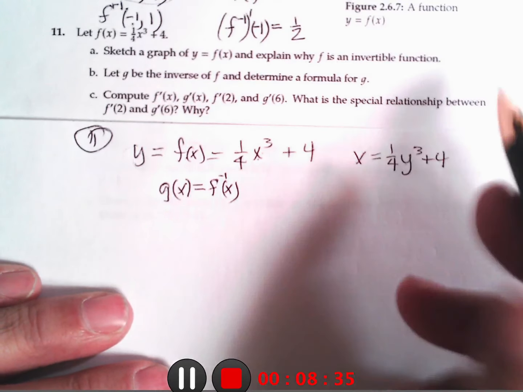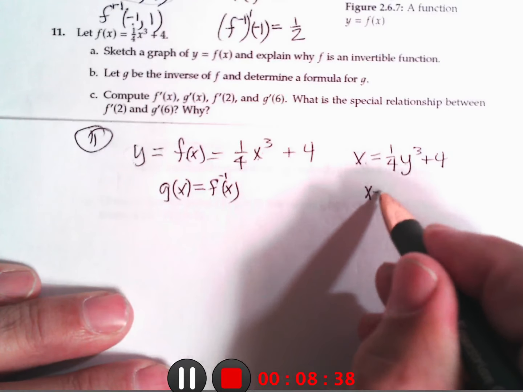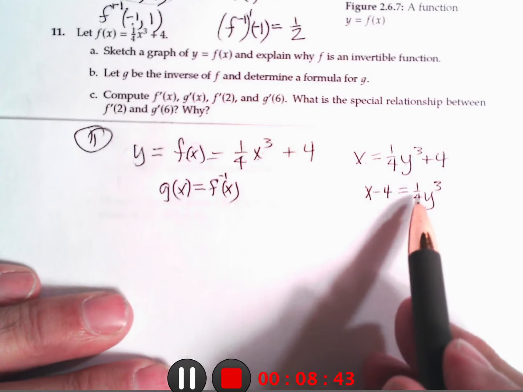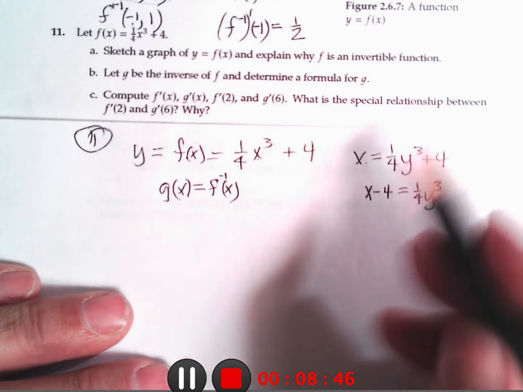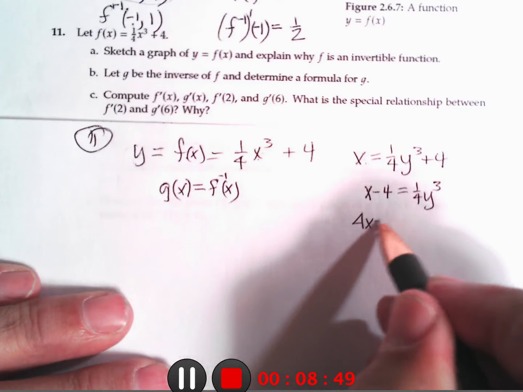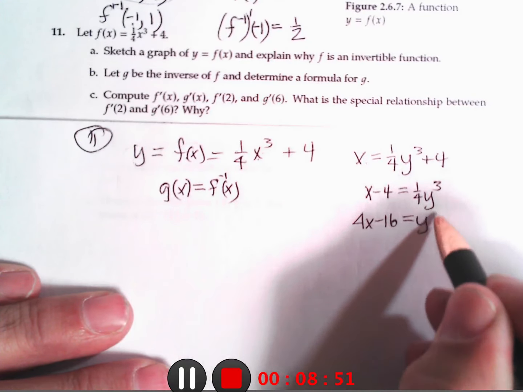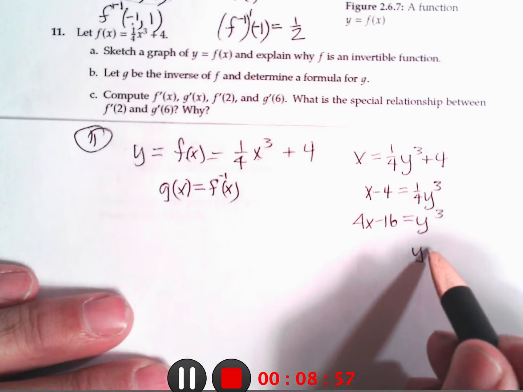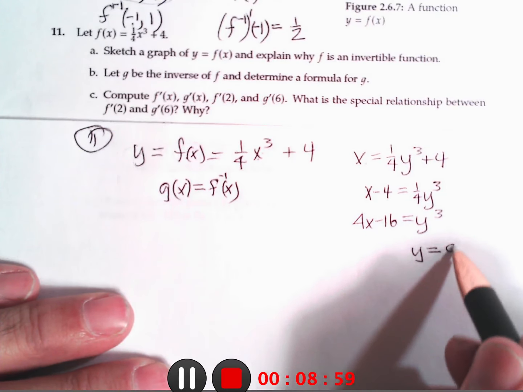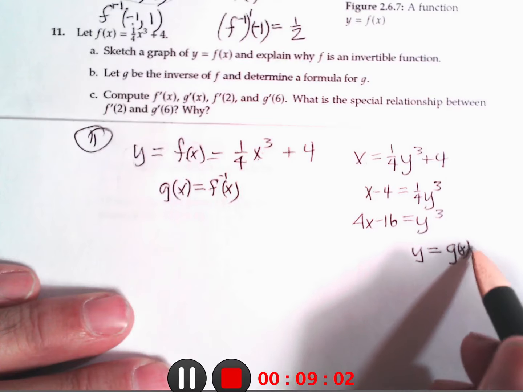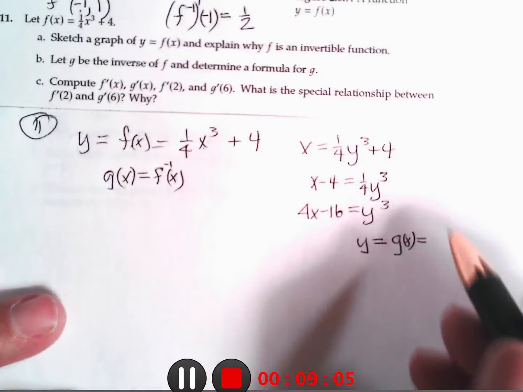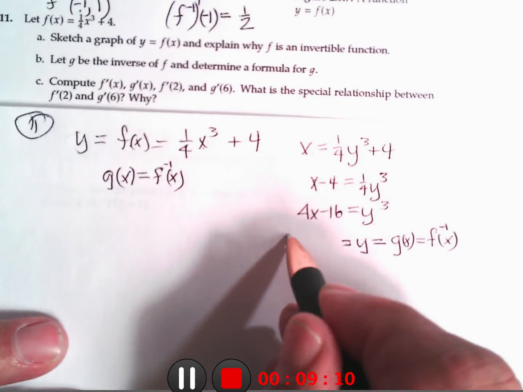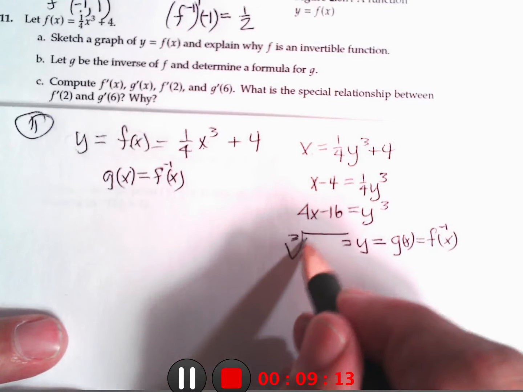I'll subtract 4, so x minus 4 equals 1/4 y cubed. I can multiply both sides by 4 and get 4x minus 16 equals y cubed. I can then take the cube root of both sides, and I get y, which in this case is g of x, or f inverse of x, and it would be the cube root of 4x minus 16.